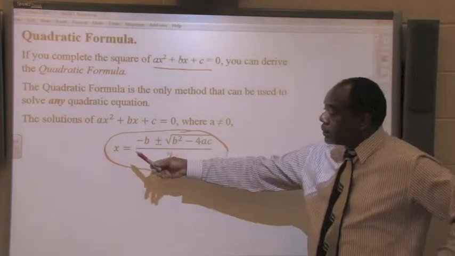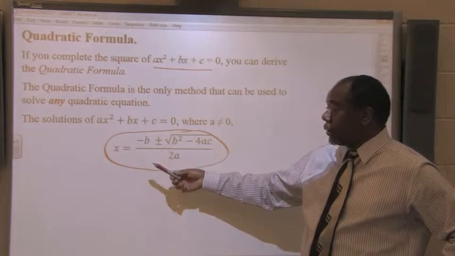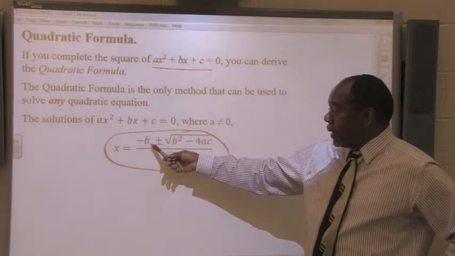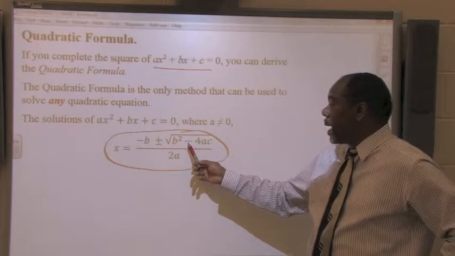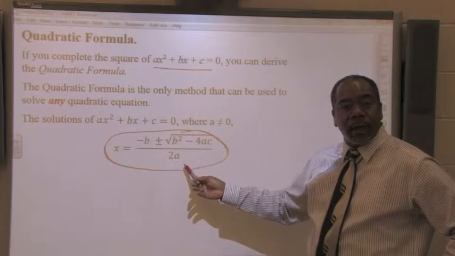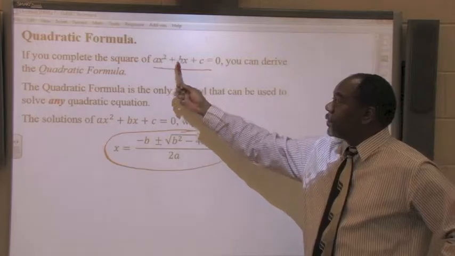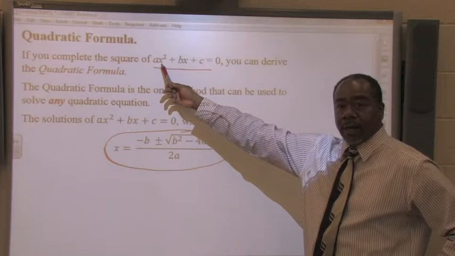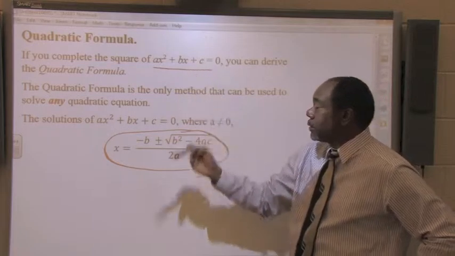The value of the roots or the zeros is equal to negative b plus or minus the square root of b squared minus 4ac, divided by 2a. What do these letters mean? They are the coefficients in front of the x squared, the x, and your constant term c.